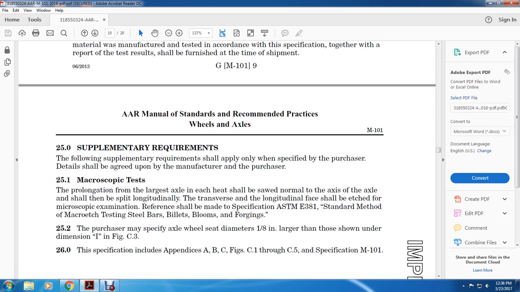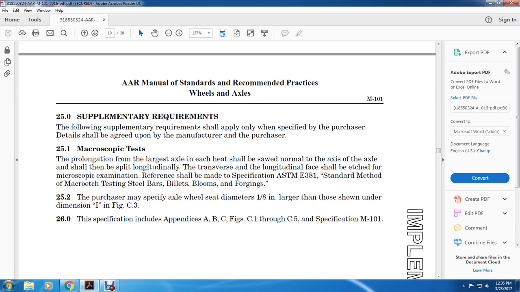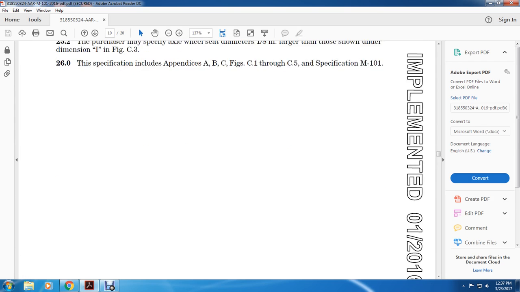The purchaser may specify axle wheel seat diameters 1/8 of an inch larger than those shown under dimension I in Figure C3. The specification includes Appendixes A, B, C, Figures C1 through C5, and specification M-101.